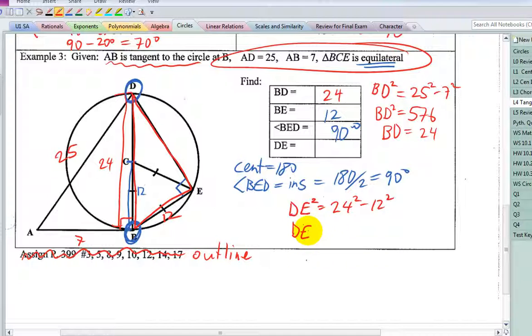Well, do you have the hypotenuse, or are you trying to find it? I'm trying to find it. No. 24 is the hypotenuse. It's across from 90. Oh, wait. Yeah, sorry. Okay.